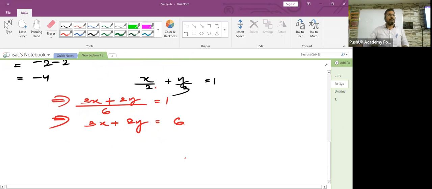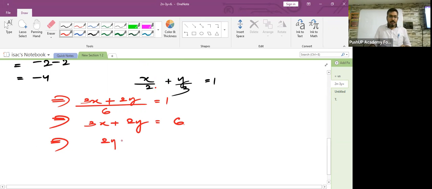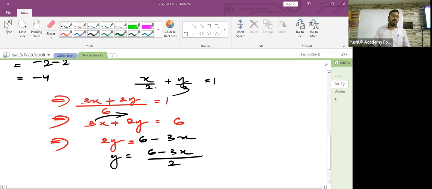Anisha, any doubt? Now, you got 3x plus 2y is equal to 6, but still we haven't expressed y in terms of x. So for that, we will bring 3x from the left to the right-hand side of the equation. It becomes 6 minus 3x. Therefore, y is equal to 6 minus 3x whole divided by 2.